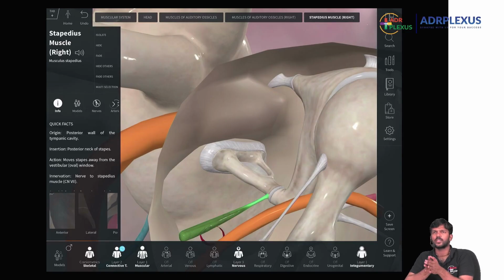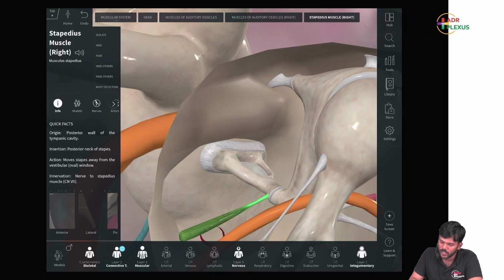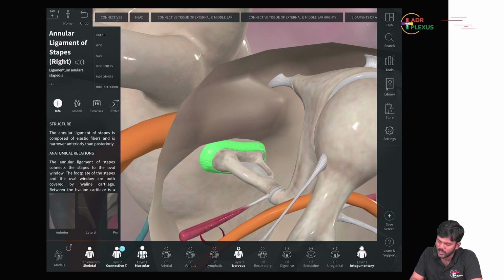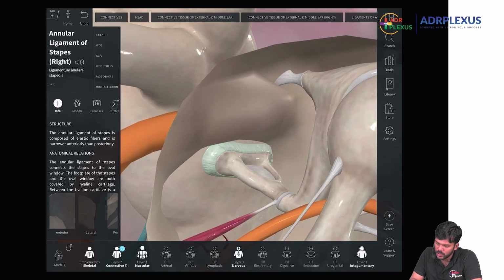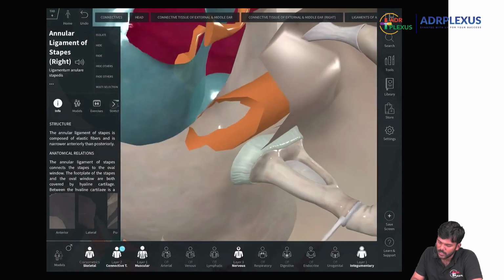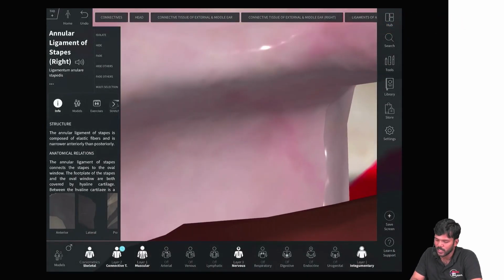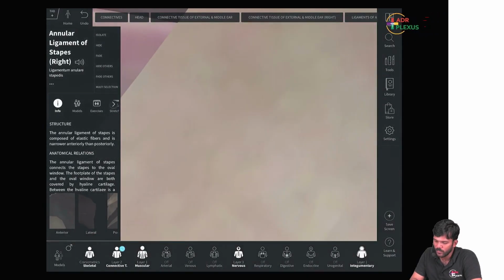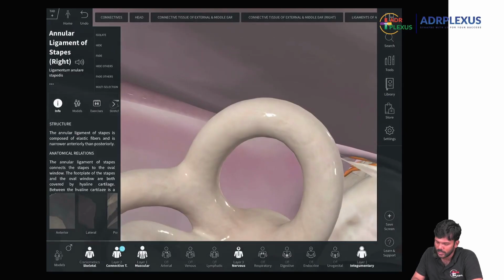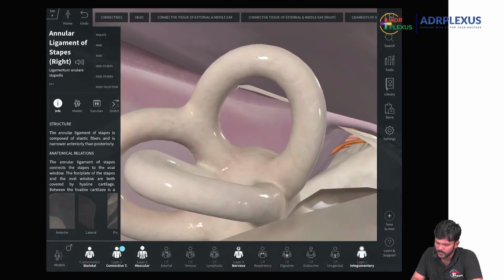So we saw about the ossicles and also we saw about the tendons getting connected to the ossicles. So this is the foot plate of stapes. It is leading into the oval window. Once we cross the oval window, we'll enter into the inner ear. Inner ear, we are seeing this bony labyrinth. Can you see the semicircular canal? We are seeing the semicircular canal like this. Can you see? Yes.